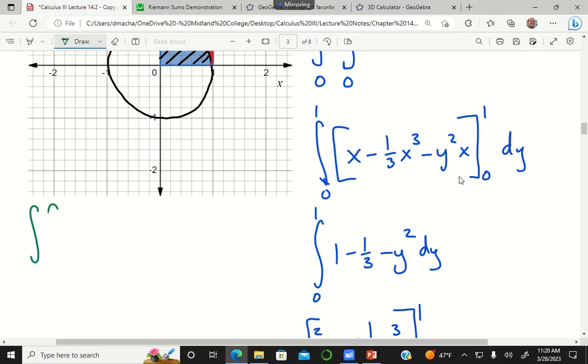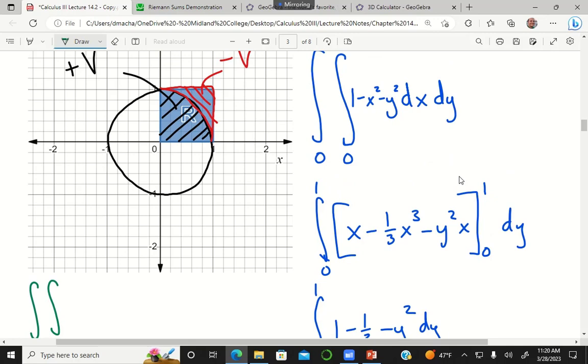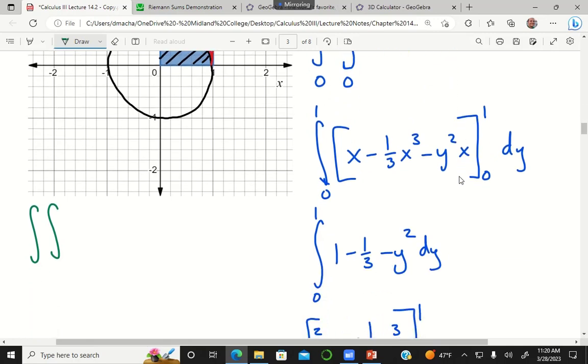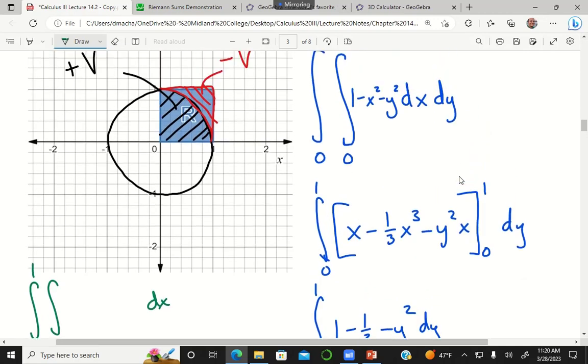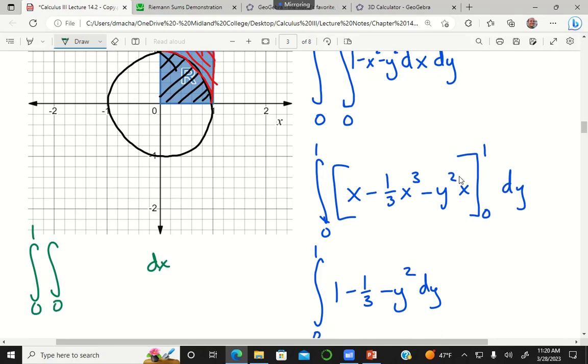Right? So for my one double integral, let's do the positive part first. I would say, let me let x go from 0 to 1. And then if I allow x to be between 0 and 1, then y can be anywhere between 0 and the square root of 1 minus x squared. x squared plus y squared equals 1.